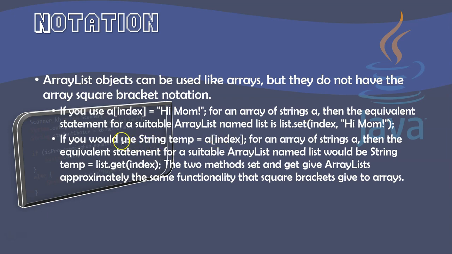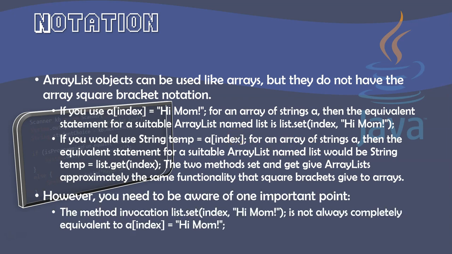If we were, for example, to have a string temp equal to a[index] for an array of strings a, then our equivalent statement for the array list would be String temp = list.get(index). The two methods, set and get, give array lists approximately the same functionality that the square brackets give to arrays. However, we have to be aware that the method invocation list.set(index, "hi mom") is not always equivalent to a[index] = "hi mom". So even though they are similar, they are not exactly the same.